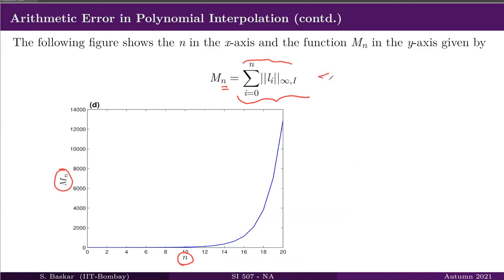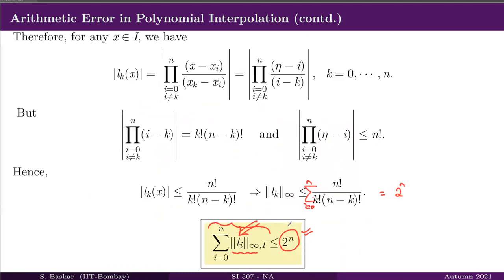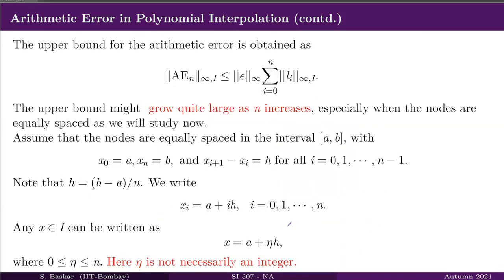Remember, we have shown that this is less than or equal to 2 to the power of n, right? So this graph shows that the left-hand side is in fact growing exponentially as well. This is a dangerous warning for us because if you recall, unfortunately, this term, that is Mn in our notation, is sitting in the upper bound of the arithmetic error, right?